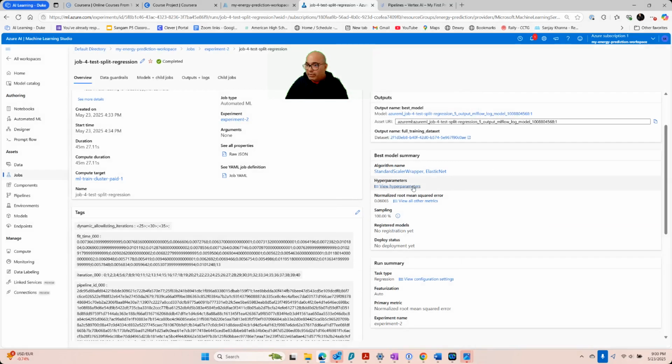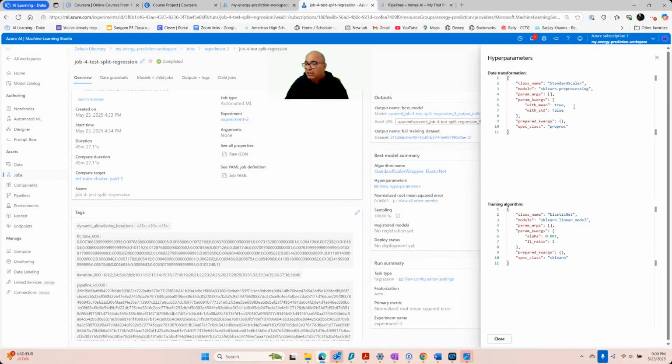If I look at the hyperparameters for this model, the first ones are the parameters for the data transformation, which is the standard scaler wrapper. I don't quite understand those, but the one applicable to the algorithm is alpha. ElasticNet allows both lasso and ridge regularization.